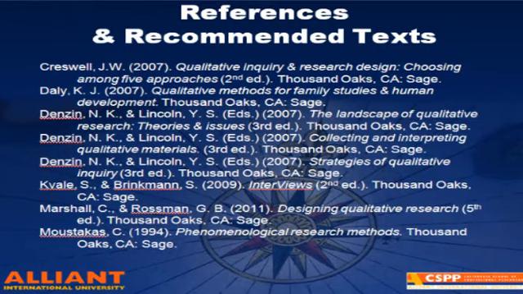Then Strauss died, and Corbin started writing with somebody else. But in the last few years, I think her first name is Kathy, Charmaz is saying this really traditional, systematic way of doing grounded theory is well and good for people with post-positivistic thinking, who like very strict steps.